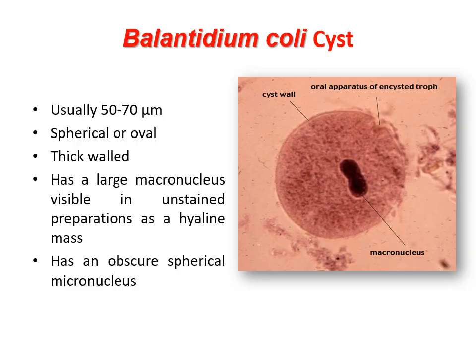As for Balantidium coli cysts, the cysts are usually also big in size. What characterizes them is their spherical to oval shape, and they have a large macronucleus that we can see very well even in unstained preparation. We cannot see the micronucleus unless we use very high magnification.